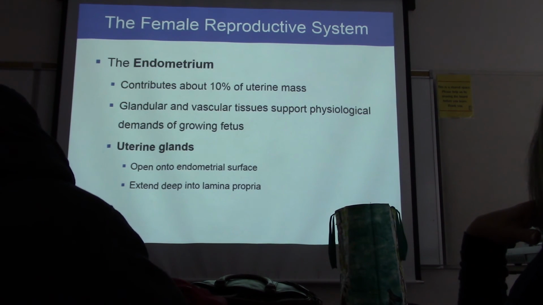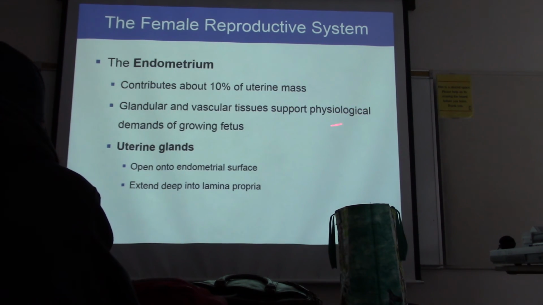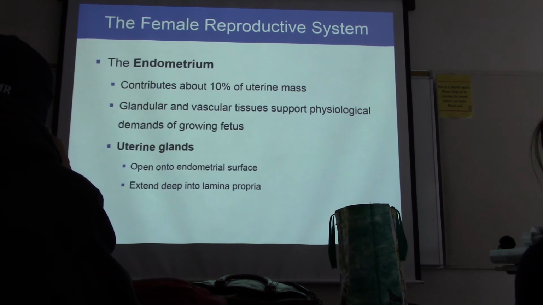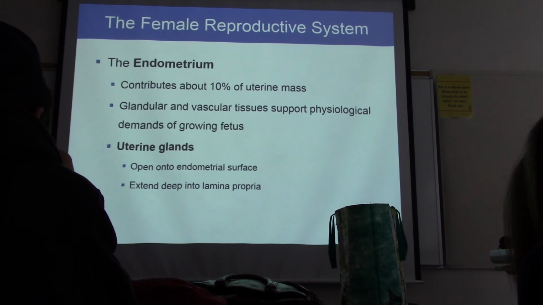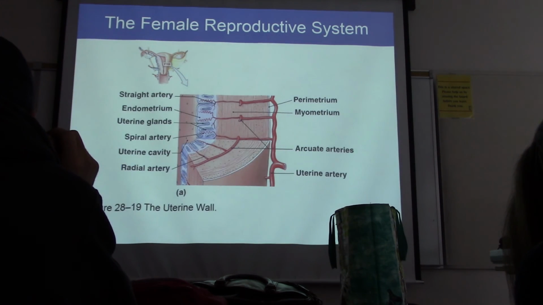Endometrium is only about 10% of the uterine mass, but yet it grows and gets very thick, develops a placenta, and meets all the glandular and vascular support necessary for the growing fetus. So the endometrium is in many ways what it's all about. The uterine glands are on the surface of the endometrium, and they extend deep down into the lamina propria, which is one of the layers of the endometrium.